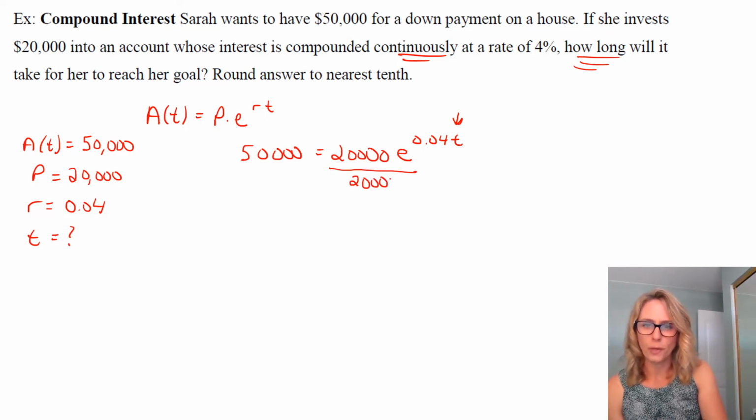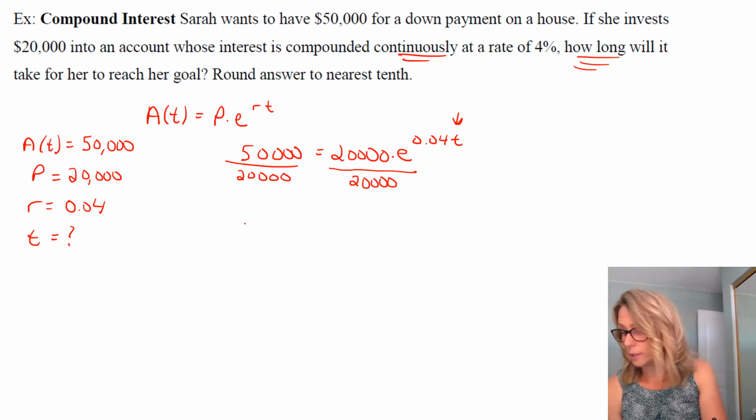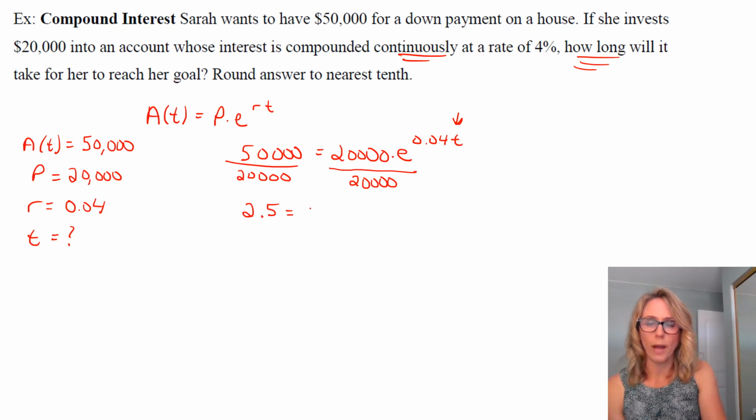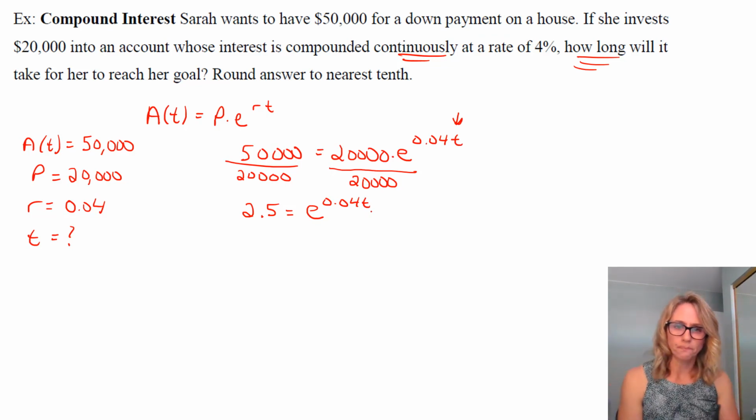So in order to free the t, I'm going to start by isolating my e term here. Notice that's multiplication. So you might say, oh, I know we need natural logarithm. And I'll say, yes, we do need natural logarithm. But before we can do that, we want to get the e by itself. So we want to just have our e to our exponent there.